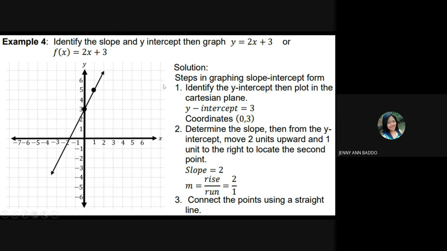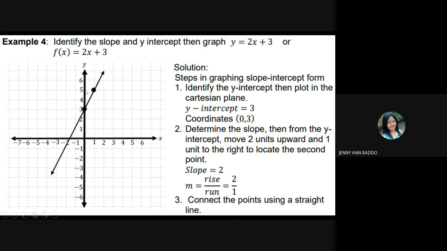Since we have this formula for slope, which is rise over run, we will change 2 into fraction form. So we have 2 over 1, which means the rise is 2, the run is 1. So from point 3, we go up 1, 2, and the run we have 1.